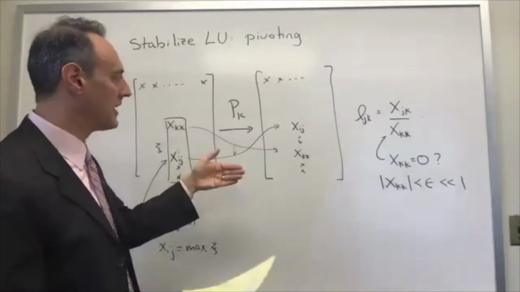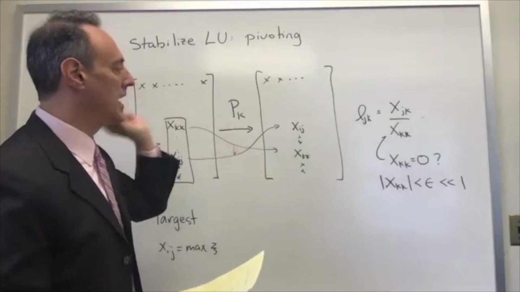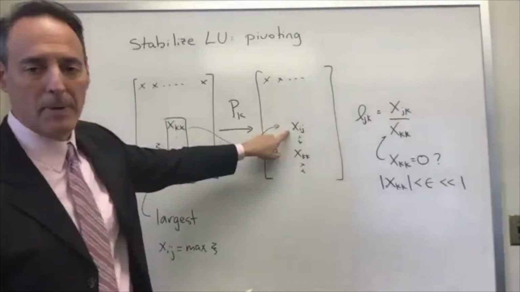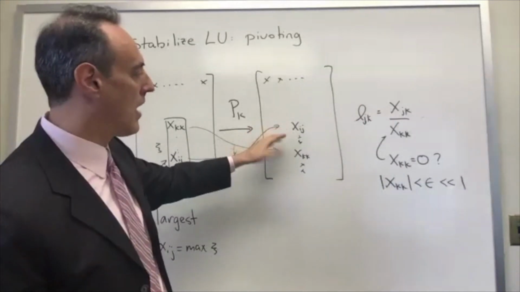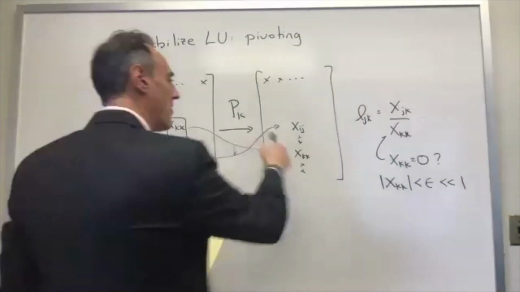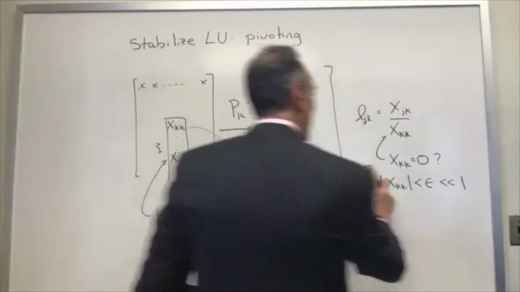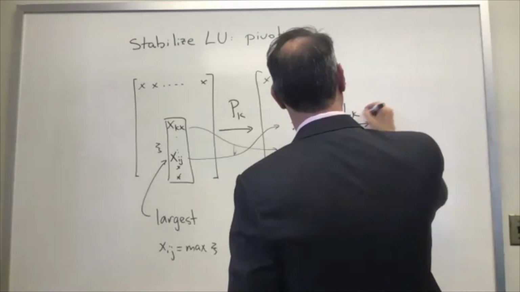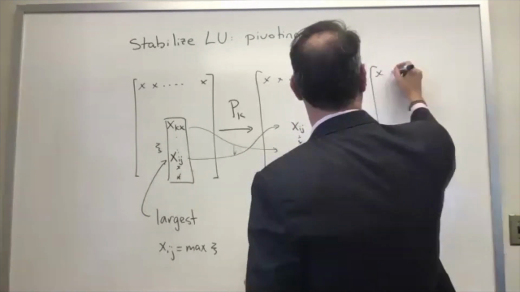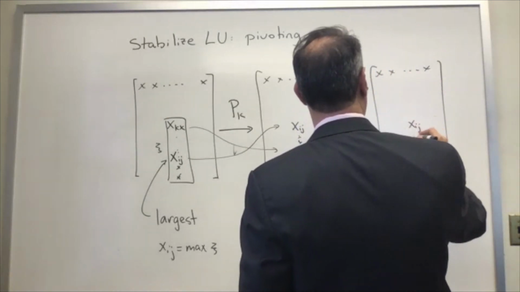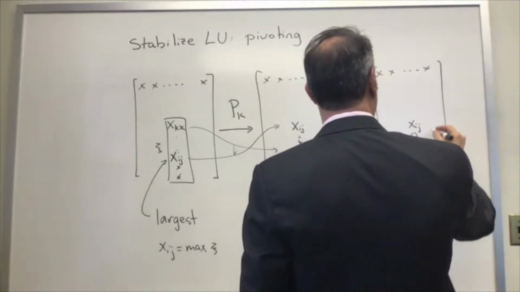But once we have this, I want to hit this now with L. Now that this is the biggest term here, I will zero everything out below it. So now I hit this with L_k. And now what you have is x_ij with zeros below it.